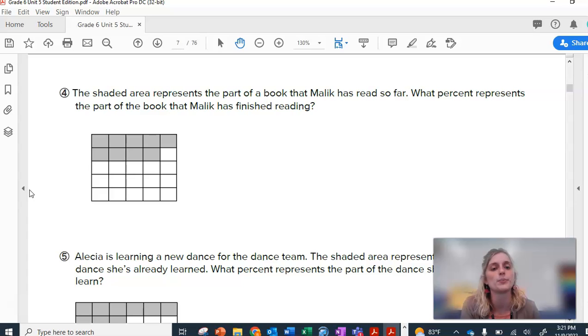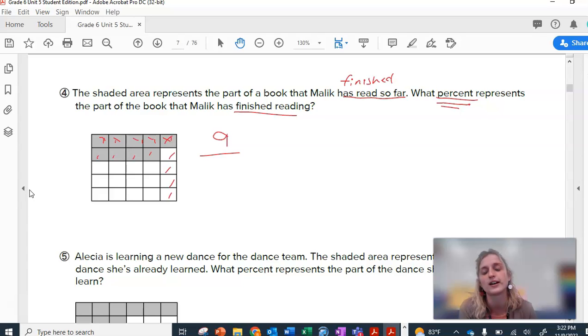This one's asking what percent. Read carefully. Some of these want fractions, some want decimals, some want percents. What percent represents the part that she's finished, and the shaded area represents what she's read so far, which means finished. Okay, so 1, 2, 3, 4, 5, 6, 7, 8, 9 out of 1, 2, 3, 4, 5 by 1, 2, 3, 4, 5, 25 boxes, because 5 times 5 makes 25.